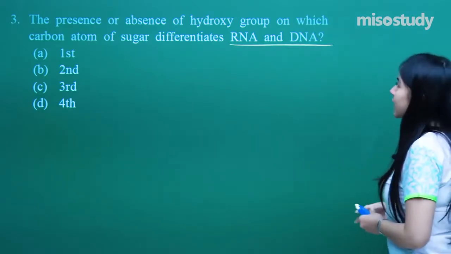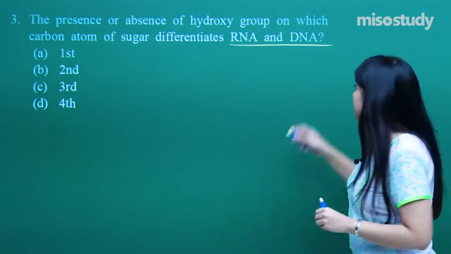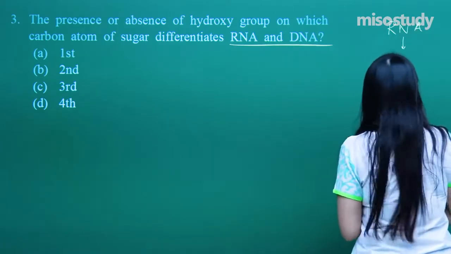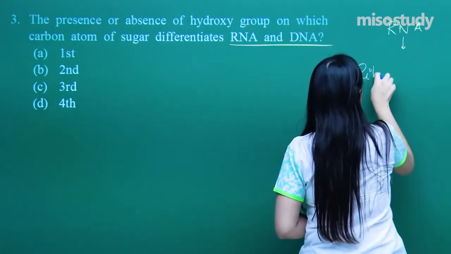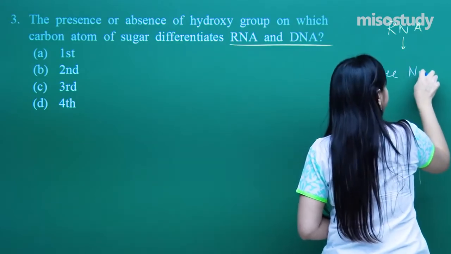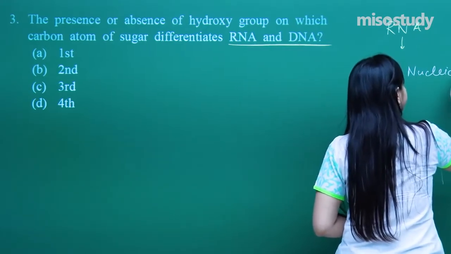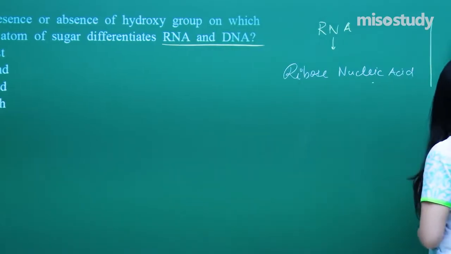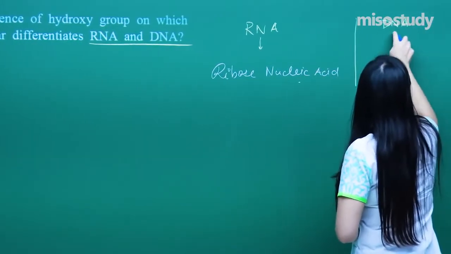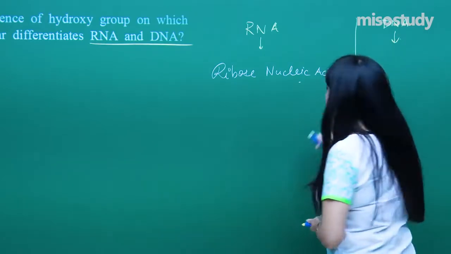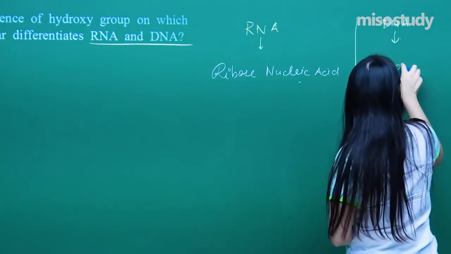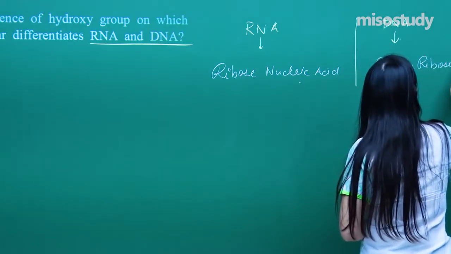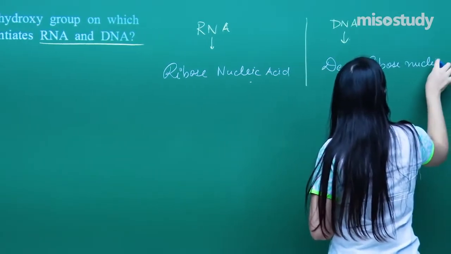We all know that RNA is ribose nucleic acid, whereas DNA is deoxyribose nucleic acid.